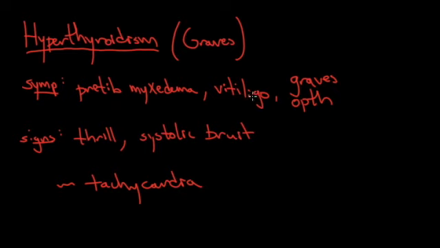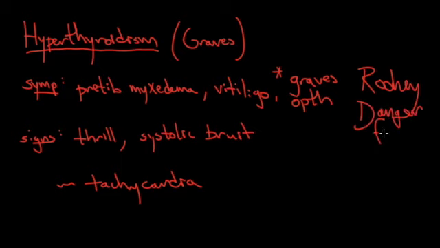Another symptom would be vitiligo. It's where you lose pigment in the skin, and it looks kind of patchy. There's a famous model that has this condition. And then another symptom, and this is pretty hallmark, a lot of patients will present with this: Graves' ophthalmopathy. If you've ever seen Caddyshack, Rodney Dangerfield is textbook for having this.